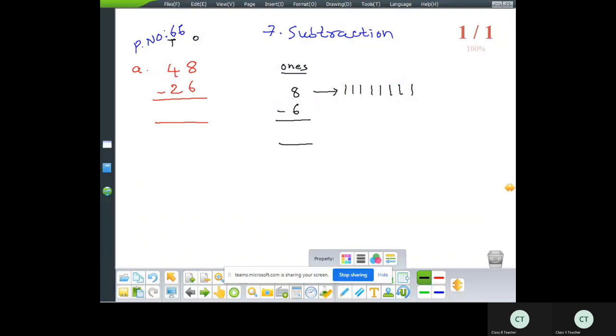Next, we remove 6 lines: 1, 2, 3, 4, 5, 6. From 8 lines, we remove 6 lines. How many lines are there here? 1, 2. 8 minus 6 is equal to 2. This answer we write in 1's place.